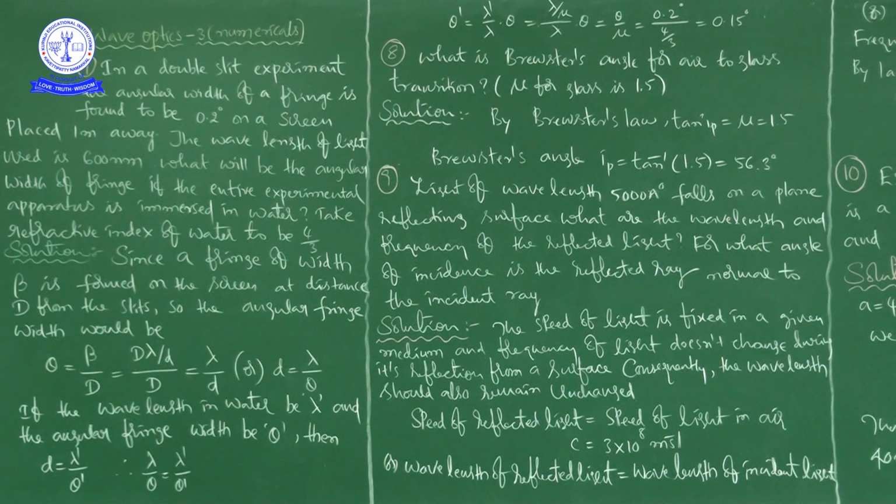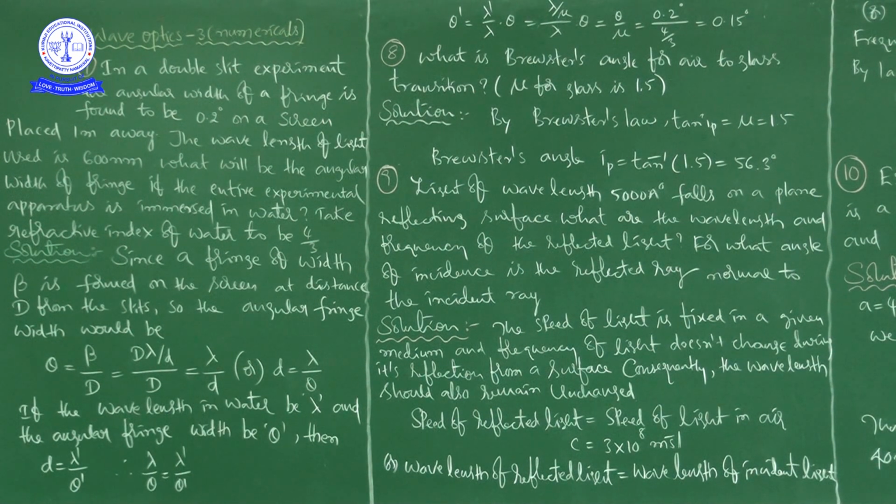So can you tell me whether it is increased or decreased? It is not a part of the question, but for our estimation, because sometimes in competitive exams like NEET and Mains, they will ask: if the Young's double slit experiment is immersed in water, what happens to the angular fringe width compared to the air medium? What are the options?